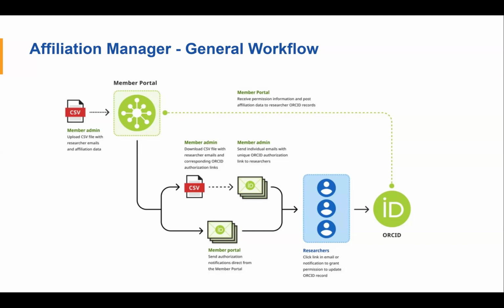Once it's uploaded to the affiliation manager, you will then be able to grab permission links. Permission links are essentially something that you can send to your researchers, to the ORCID users, to give you permission. So basically giving your organization permission to access and write affiliations to their ORCID record.